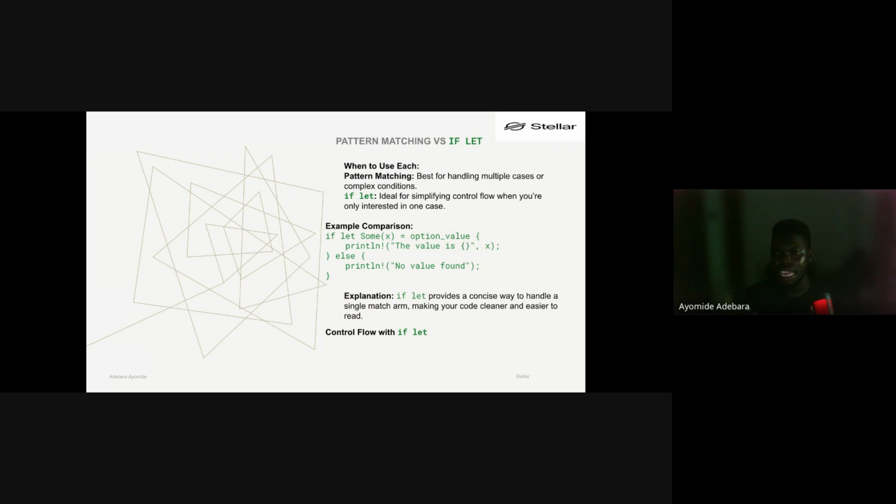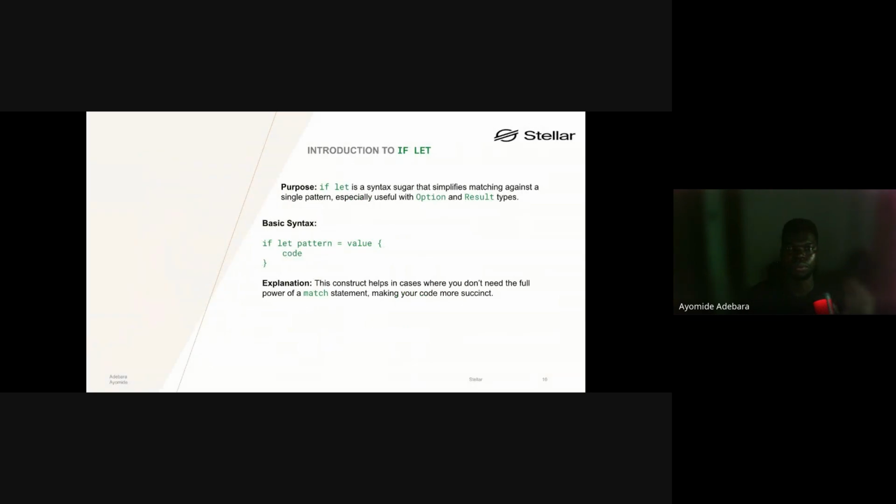In that case, pattern matching is the best thing to use. If-let provides a concise way to handle a single match arm, making your code cleaner and easier to read. And that's exactly why I used it in the class when we were creating the library.